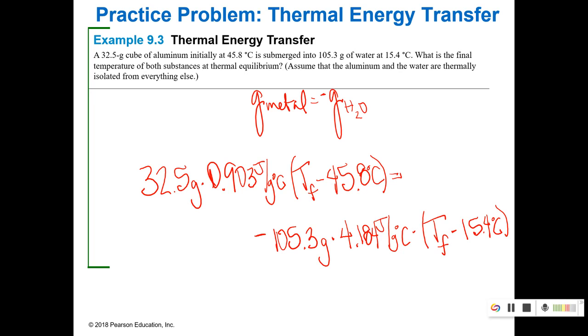Okay, so we're going to do the same thing we just did. We're going to multiply these and then distribute that.